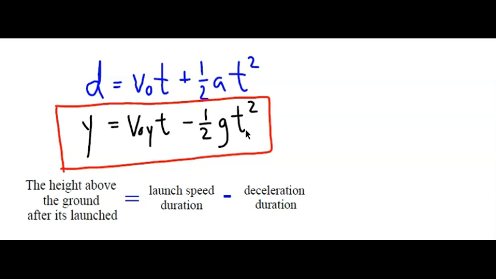That's because when you work against gravity and you get slower and slower, you eventually come to a full stop. The height above the ground after it's launched is equal to the launch speed duration minus the deceleration duration. And we're going to graph this out soon and you're going to see.